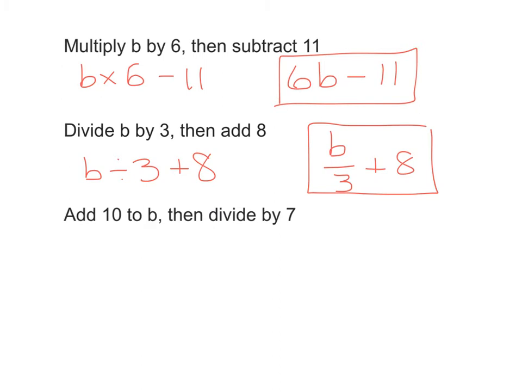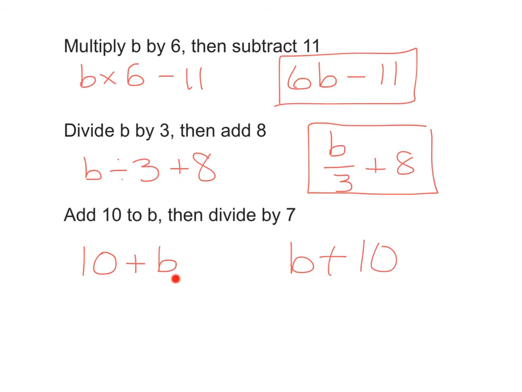You could put parentheses in here, but it is not necessary because we follow the order of operations. On the last one, it says add 10 to b, then divide by 7. So in this one, I could write 10 plus b, or since addition is commutative, we could write b plus 10. Last, it says to then divide by 7.